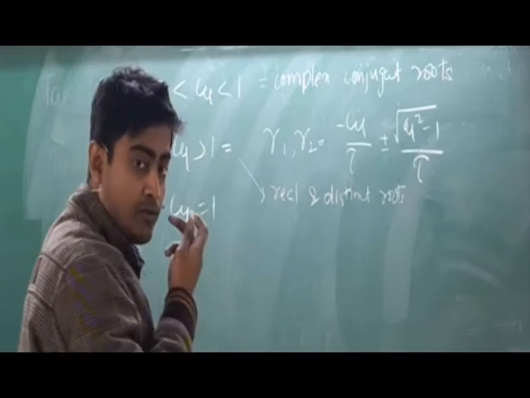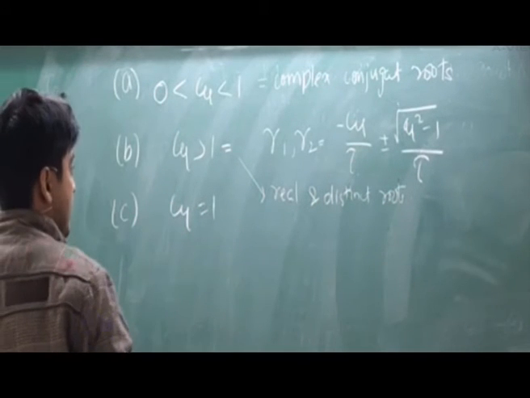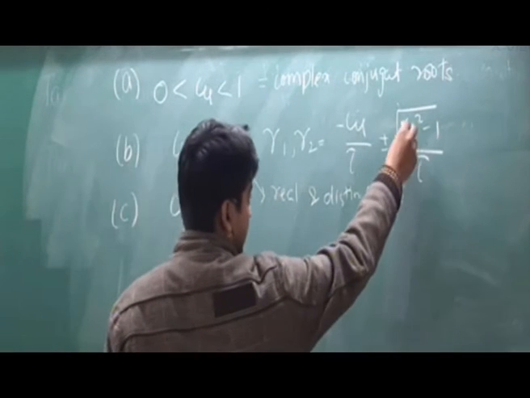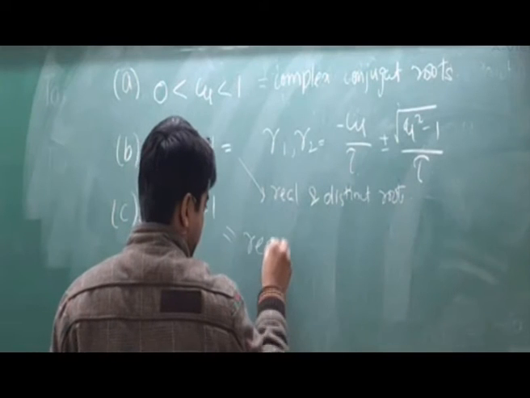These analyses are basically from your first year mathematics course. And if you have xi equal to 1, then this term will go to 0 and you will have repeated roots.